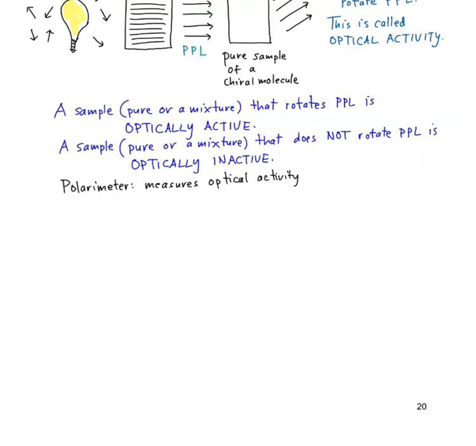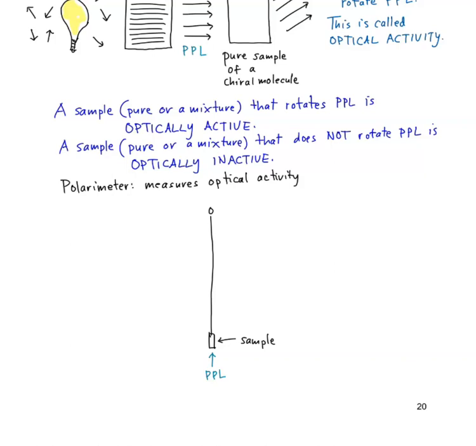Let's say that we have a sample. Our sample is in this little sample cell down here, and we are introducing plane polarized light coming in this direction. The light passes through the sample, and then it's going to rotate.